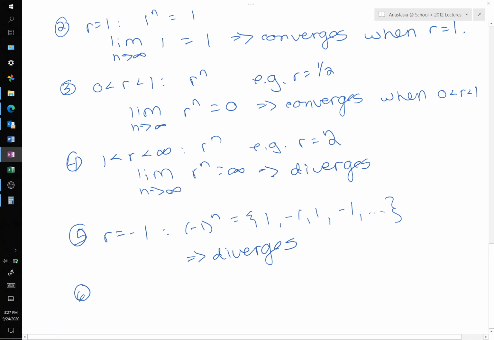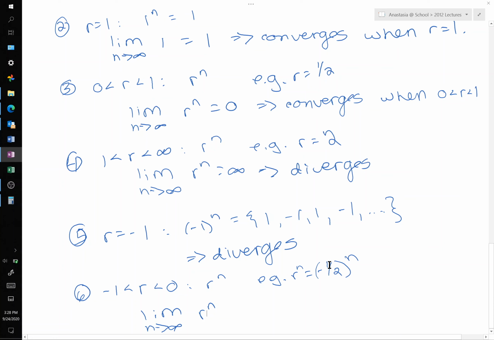The next case that we have written is for r values between -1 and 0. So we're going to have to consider a general r^n, but for example, we can think about r being -1/2. So r^n would be (-1/2)^n. Then the limit as n goes to infinity of r^n is going to be similar to the case when r is 1/2, except now the signs of our terms are going to change.